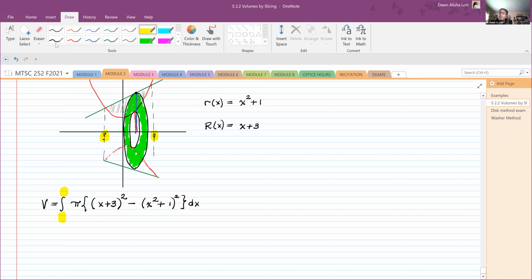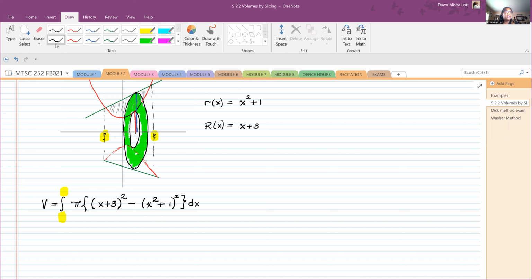So how do I find them? Well, I think when it comes to the big radius, it looks like it's going to be 1 based on the position on the graph. We can't go by how my picture looks or your picture looks.